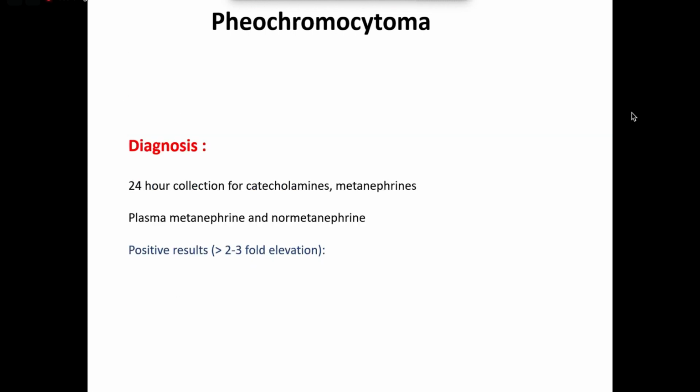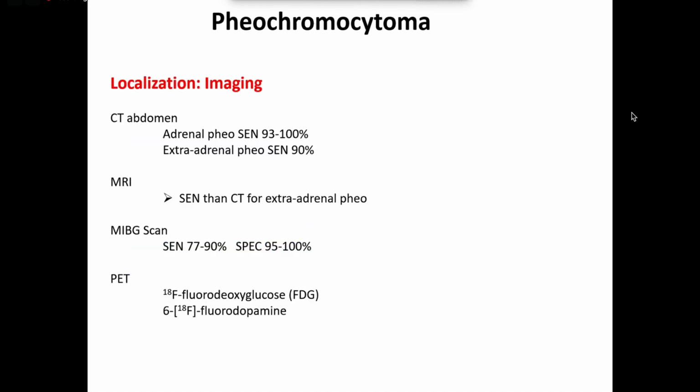So how do you diagnose pheochromocytoma? Usually we collect the urine for 24-hour urine collection for catecholamines or metanephrine. The other test that can help to diagnose pheochromocytoma is the plasma metanephrine. So if the result came at threefold more than normal, that indicates a pheochromocytoma.